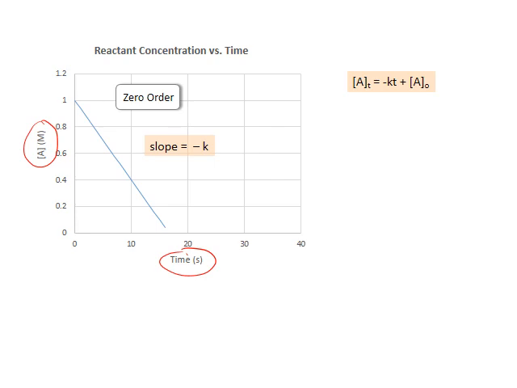If we look at the integrated rate equation for a zero order reaction and compare it to the standard equation of a line, we see why it turns out to be linear. Since we're plotting concentration of A on our y-axis and time on our x-axis, we get a slope equal to negative K and a y-intercept of the initial concentration of A.